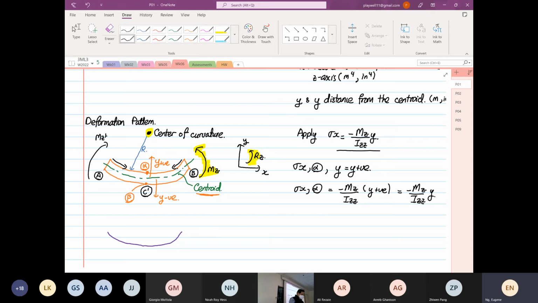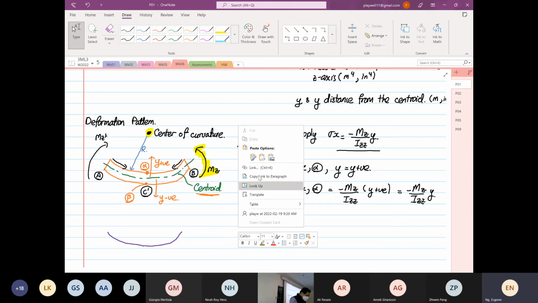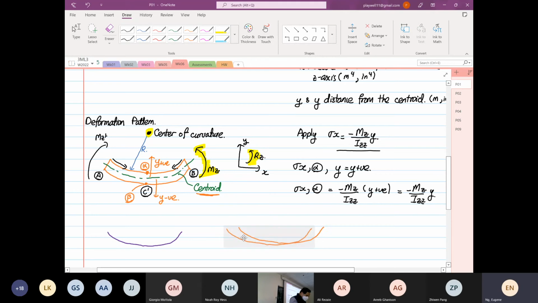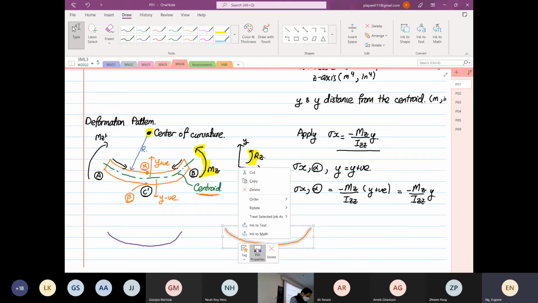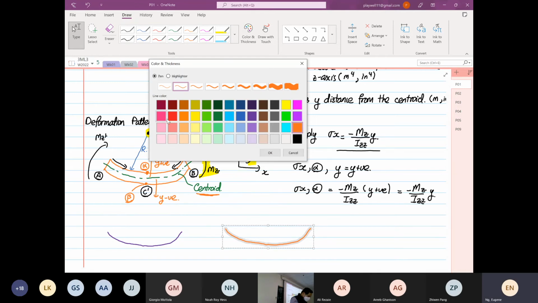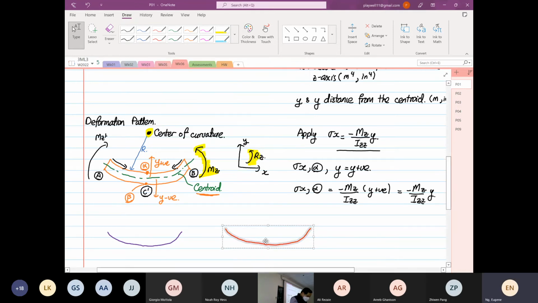If I were to copy the curve at the bottom and change the color to red, this is the line that we copy from the bottom. When I put it on top, the circumference is too high, so it has to go through compression. By physical observation, you can see this already.